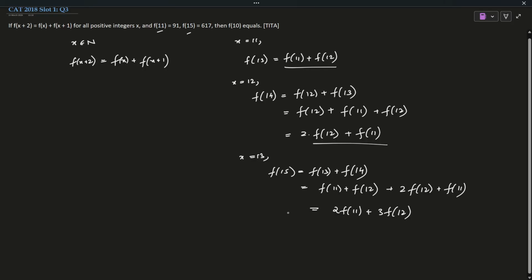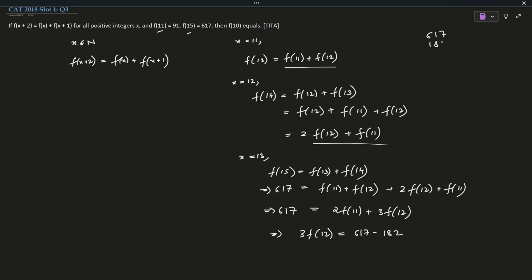Can I get anything from here? I know f of 15, right? It is 617. I know f of 11 is 91, so 2 into 91 will give me 182. 3 times f of 12 is equal to 617 minus 182, which is 435.